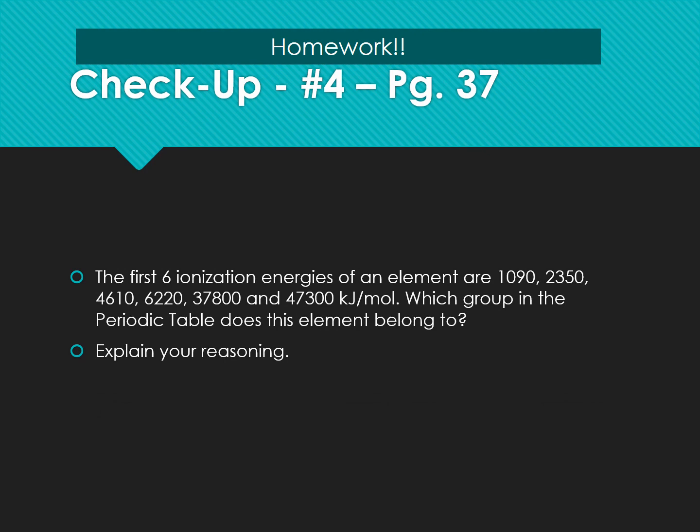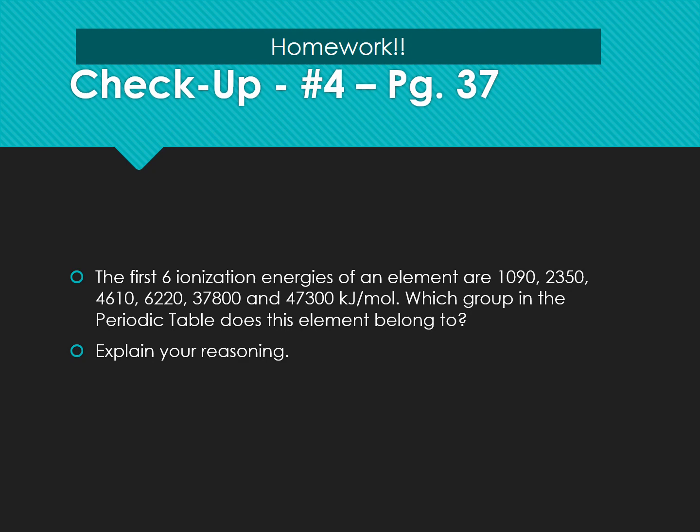Alright, last question for this section, number 4 on page 37. You can go through that on page 37 if you want, but I'll read it anyway. There are 6 ionization energies of an element, and these are the first 6. The first one is about 1,000, then 2,300, 4,600, 6,200, and then there's a jump at 37,000, and then 47,000.